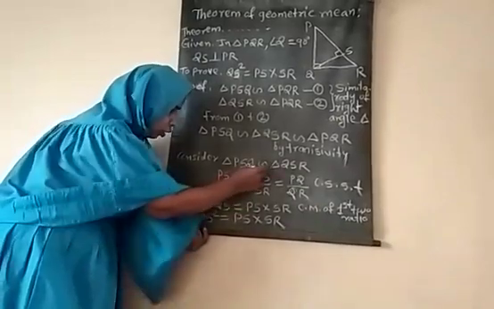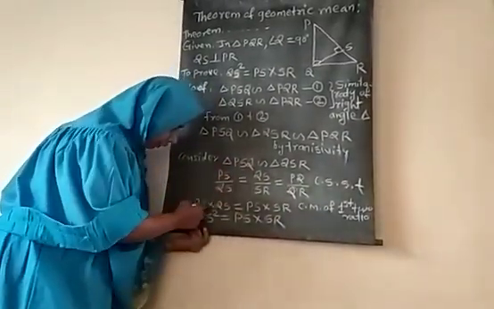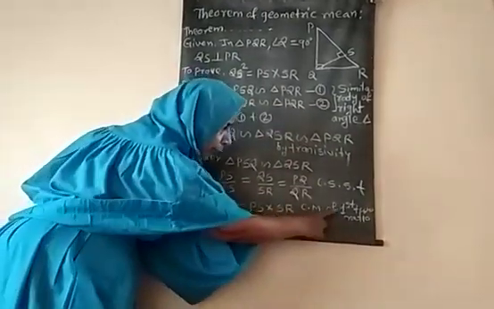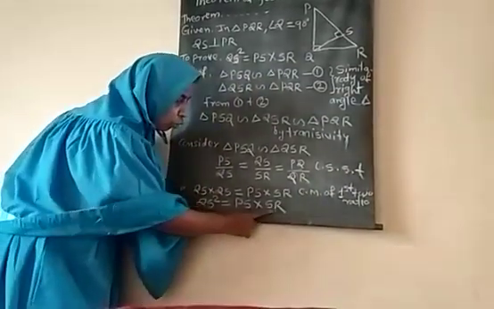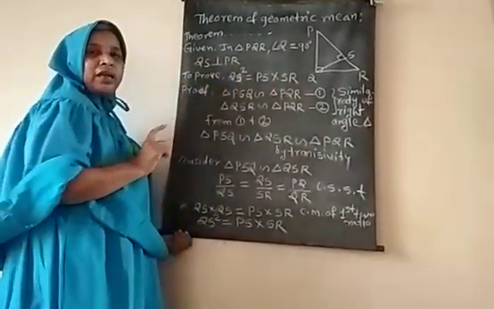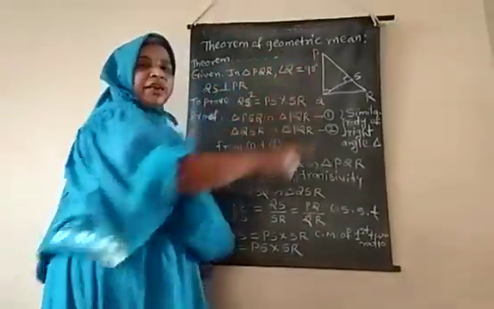Now we consider only the first two ratios. By cross multiplication, the products come: QS multiplied by QS is equal to PS multiplied by SR. Therefore, QS square is equal to PS multiplied by SR. And this property is known as the geometric mean property.